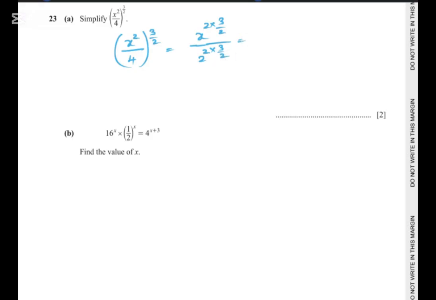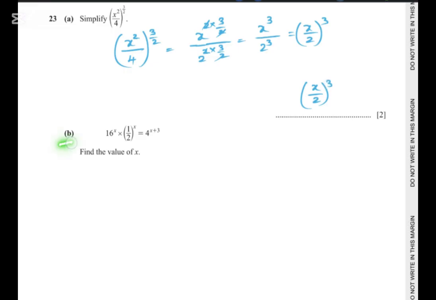The x raised to 2 into 3 by 2 gets cancelled, so this is x cube and 2 cube. So this is (x by 2) whole cube. So this is the simplification of the given question.